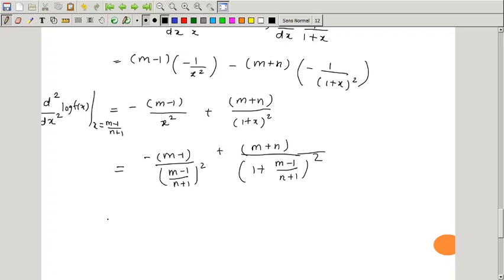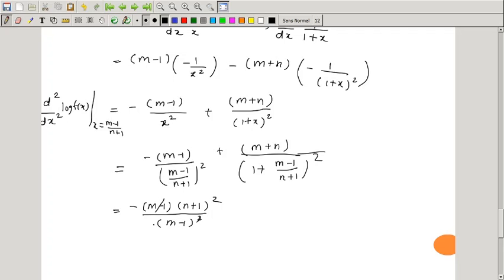Okay, so this is your (m minus 1) square. So one term is cancelled in the denominator and numerator. So I will just write this as (m minus 1) into (n plus 1) bracket square, because the denominator of the denominator is the numerator, and this is your (m minus 1) square.